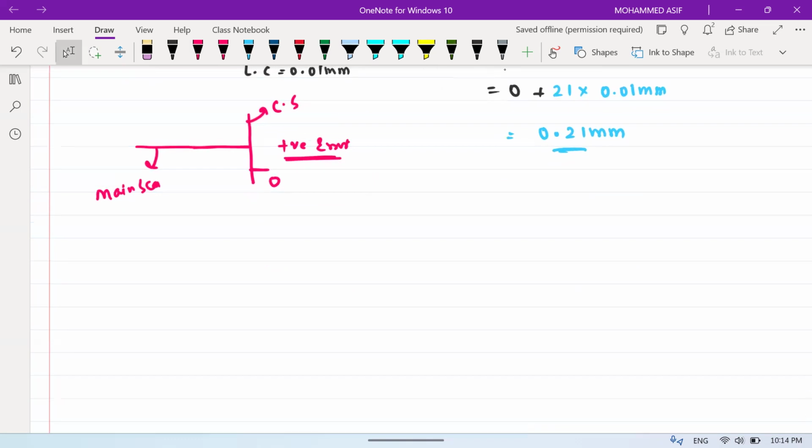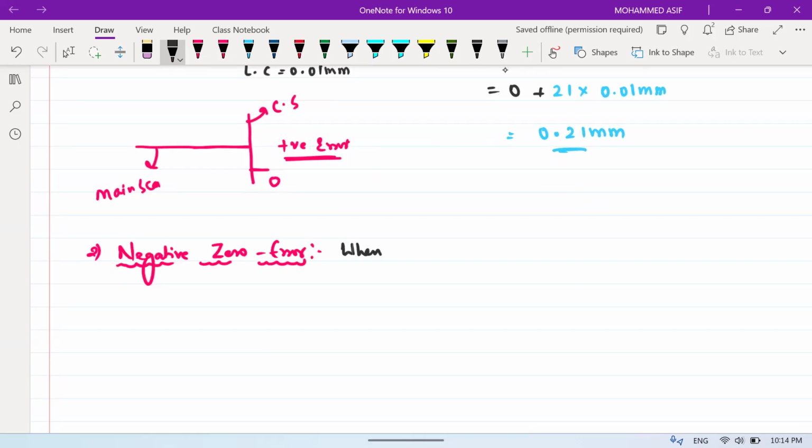Okay, second one, negative zero error. What do you mean by negative zero error? When 0 of the main scale is not visible or barely visible, we can say.